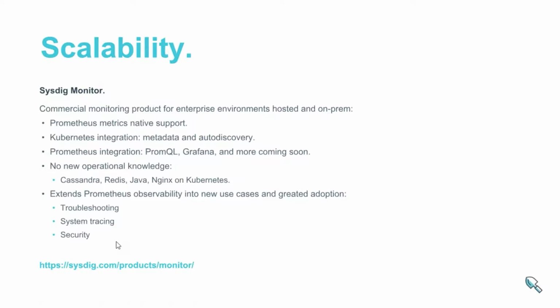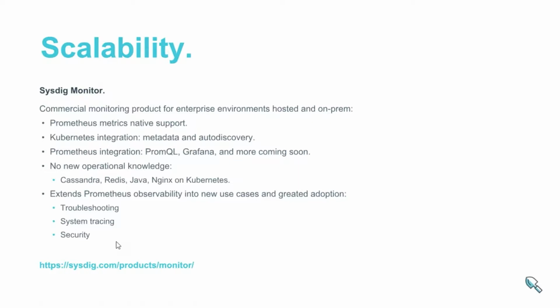It can leverage Prometheus Kubernetes auto-discovery to decide what needs to be scraped or collected. It has Prometheus integration in a way that you can query the Sysdig backend using PromQL. Grafana can also be connected to the Sysdig Monitor backend, and there are some other integrations that will be released in the future.